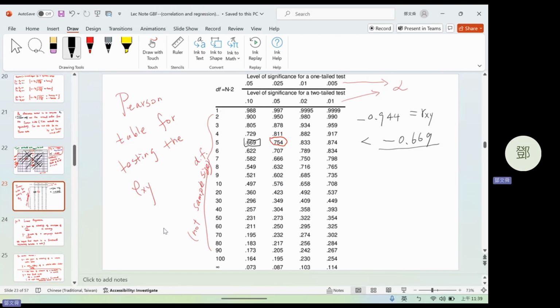You're very close to 2.015. Okay. 5 divided by 1 minus 0.669 squared. Yeah, the same.